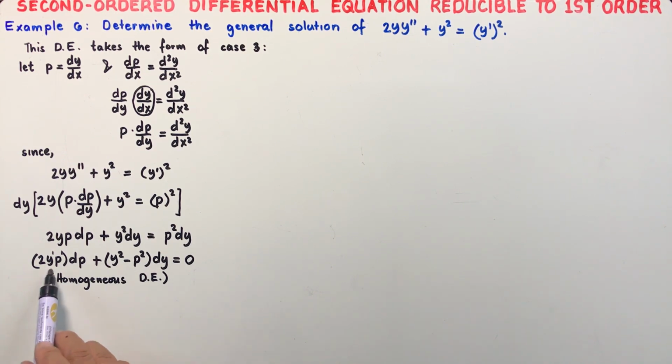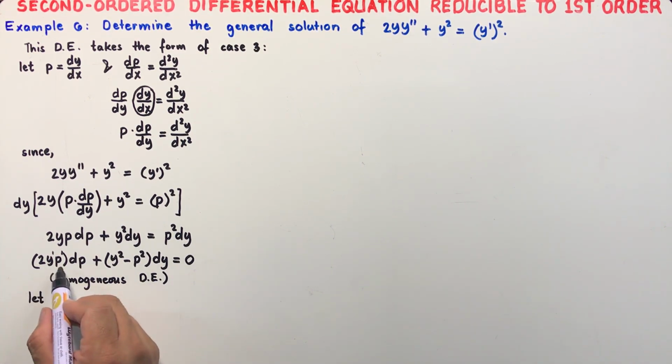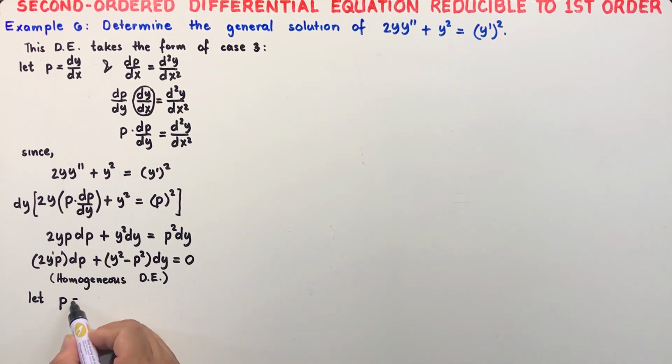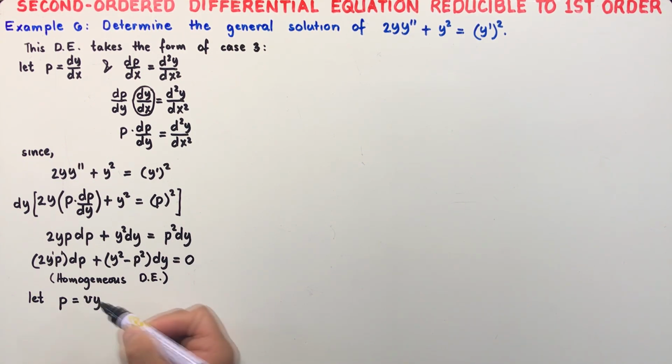And as you can see, this equation is in terms of two variables, which are p and y, but we use p here because the multiplier of dp is simpler than the multiplier of dy. So we will use our substitution of p equal to vy.